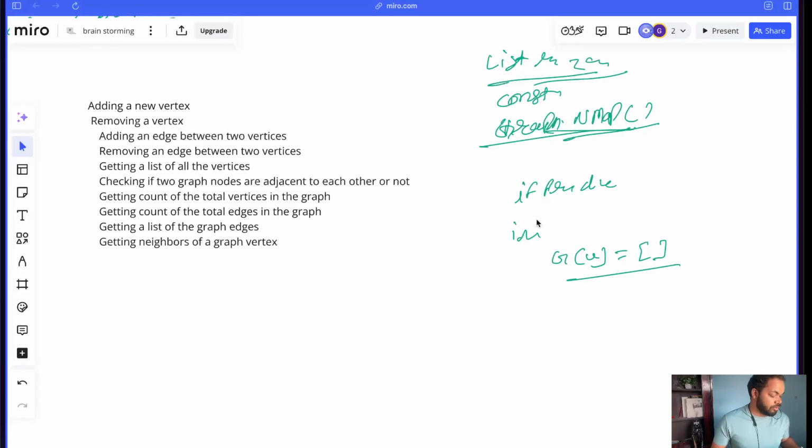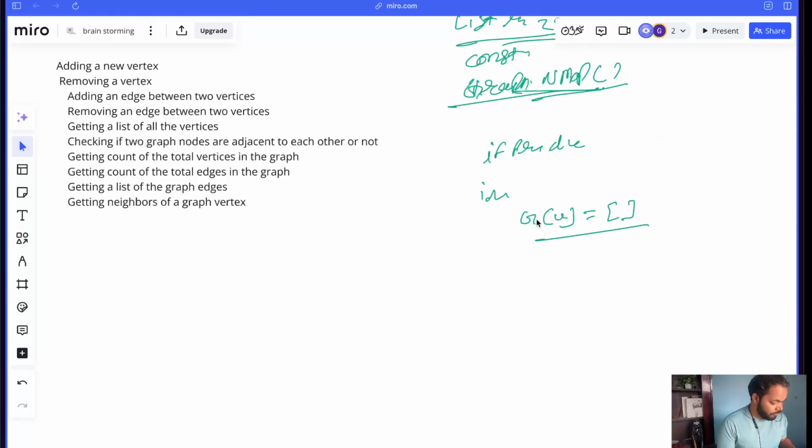Okay, then removing a vertex, that's okay. Suppose you have a graph already created where you have v1 as vertex 1 which has v2 and v3, and then you have v2, and in v2 we have v3, and then you have v3, inside that you have v2.